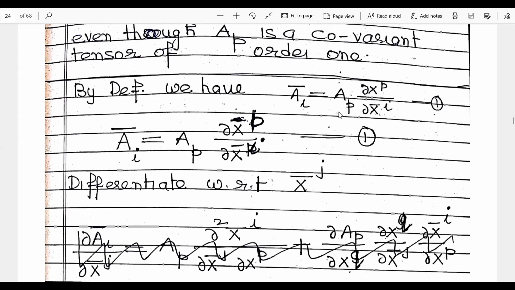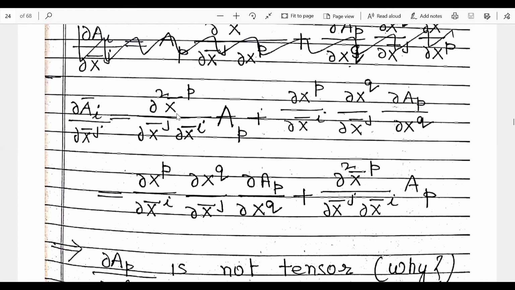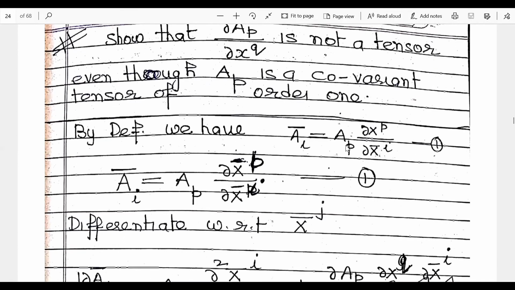So this becomes ∂²xp over ∂x bar j ∂x bar i into Ap. Here we took the derivative of this term. Now this term is written in the same form. Now we take the derivative of Ap.